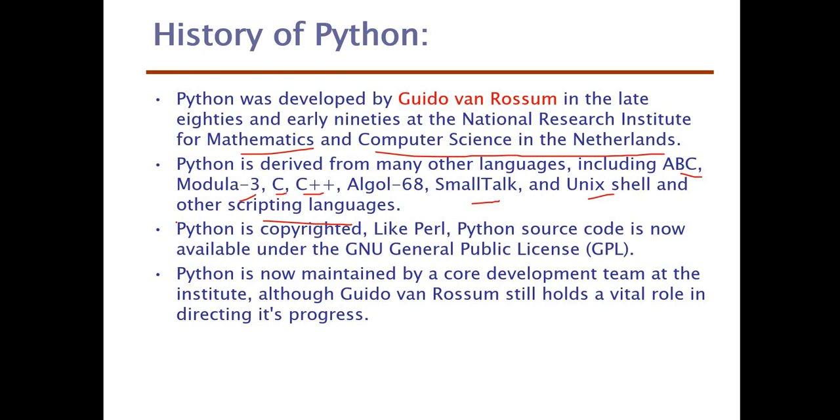The third point is that Python is copyrighted like Perl, and Python source code is now available under the GNU General Public License, the GPL. Lastly, Python is now maintained by a core development team at the institute, although Guido van Rossum still holds a vital role in directing its progress.